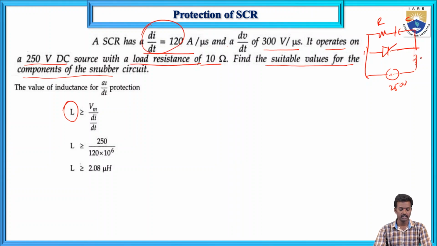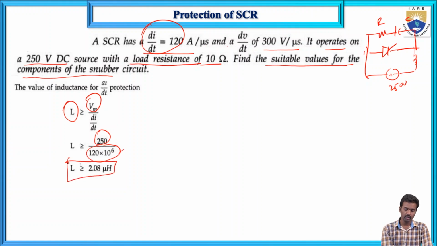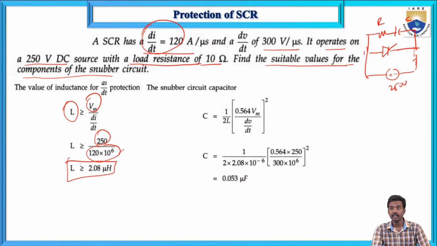Vm equals 250, and di by dt equals 120 into 10 power 6, so L equals 2.08 microhenries. We calculated the L value, and only after getting the L value can we calculate the R and C values.